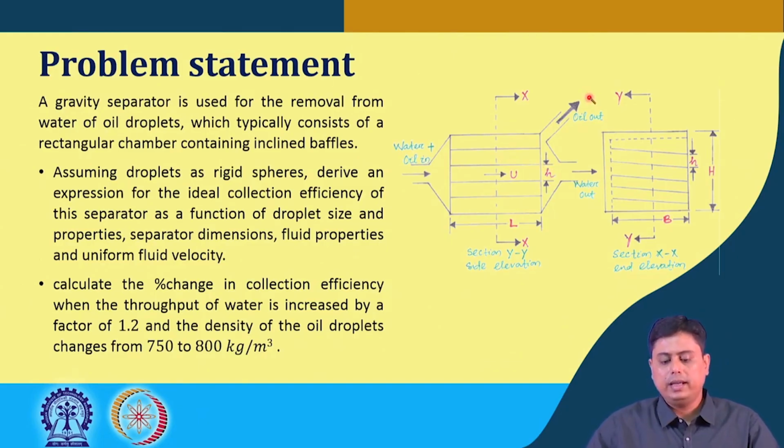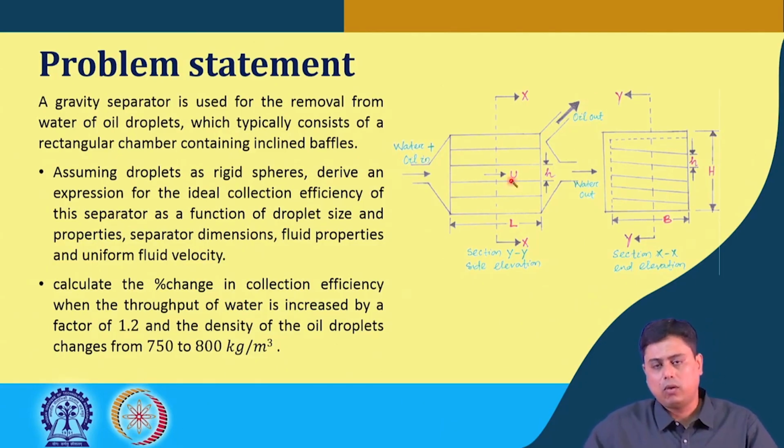The inherent mechanism you should understand here is how this collection efficiency is defined. The collection efficiency means how much oil you are collecting from the overall sample. Is it 100% of the oil droplets that are coming in that you are separating there?